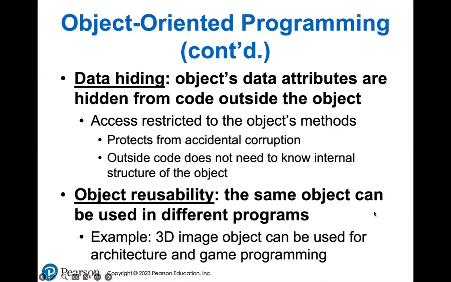Object reusability, again, nothing too complicated. This is just a term to specify that you can reuse your objects in other different programs. If you have created one object that performs some sort of task for you, then you can reuse that object later in your other programs.